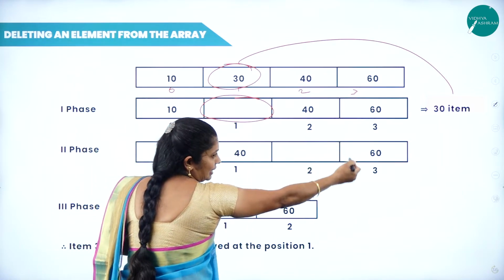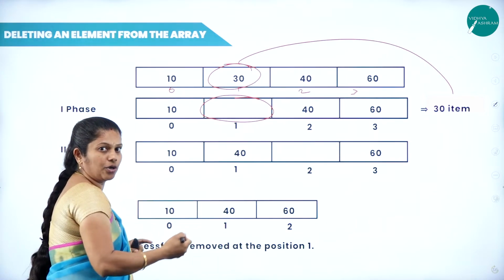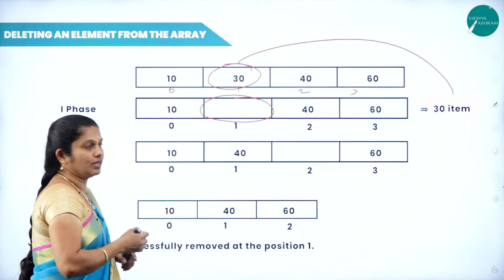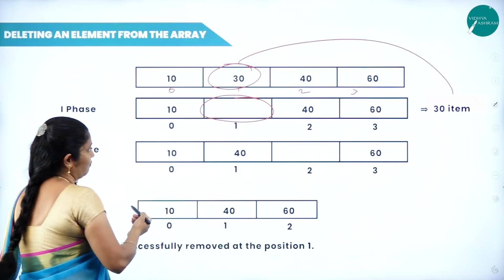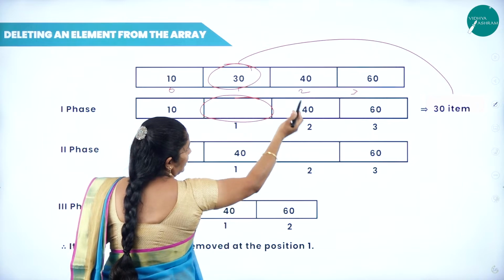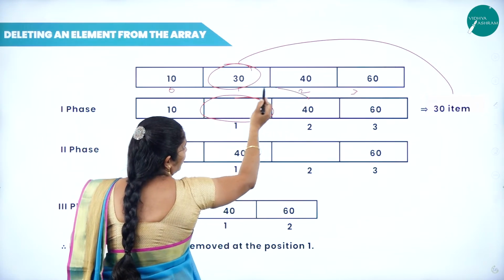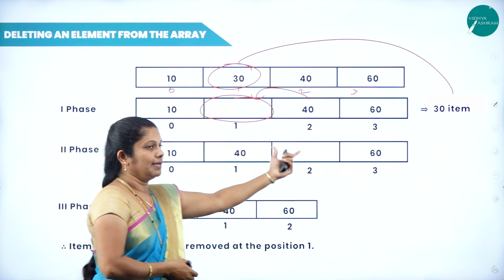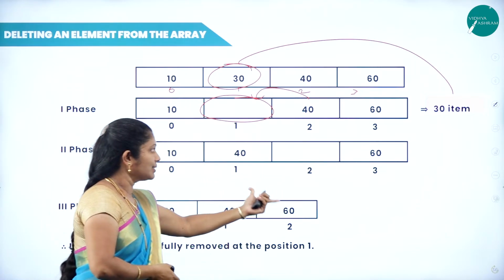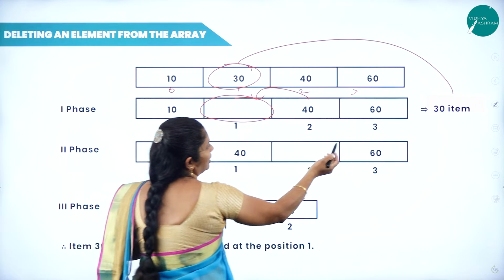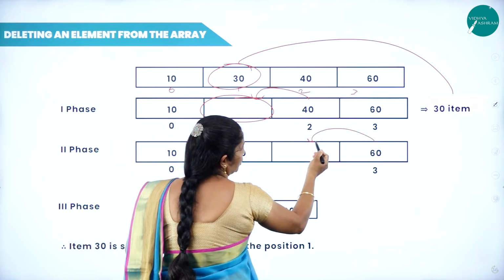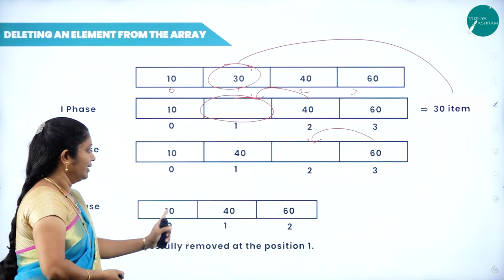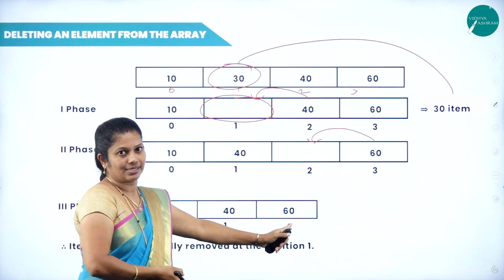Whatever element is in the next adjacent position, in higher order position, we have to shift here. Then in the second phase, we have 40, that we shifted here. Now this space becomes free. Once that space is free, then the next adjacent value we have to shift here. Then we get 10, 40 and then 60.